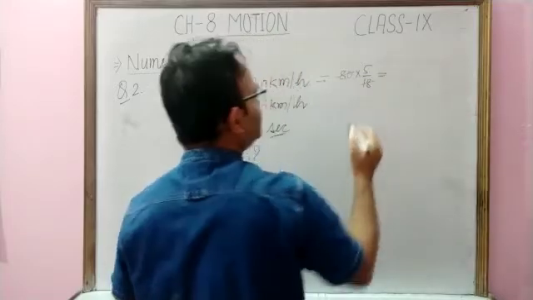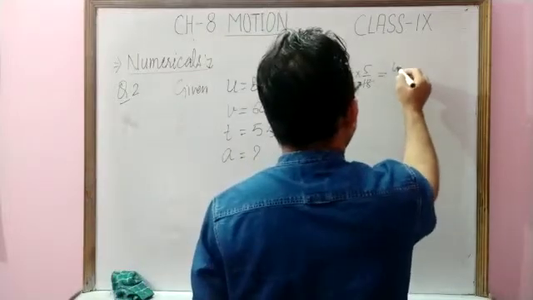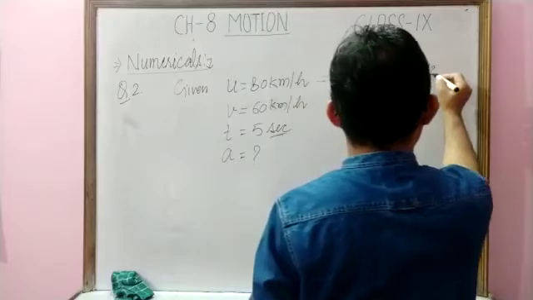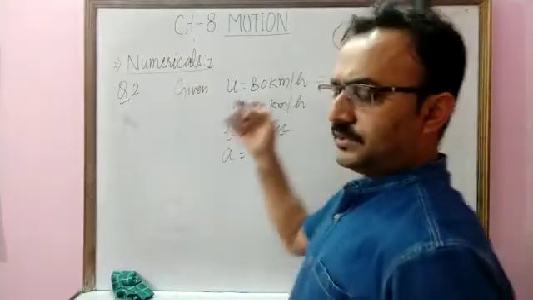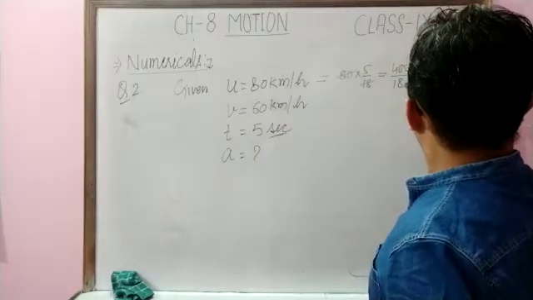If you solve this one, 400 upon 18, you will get 22 point something, 22.2 meter per second.